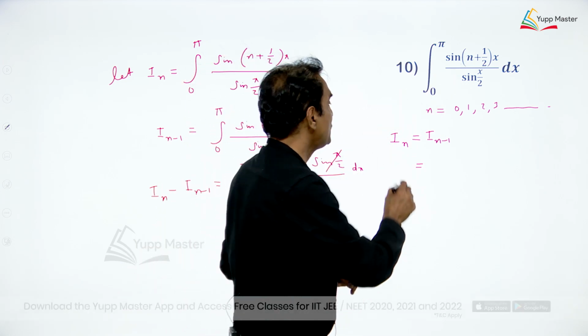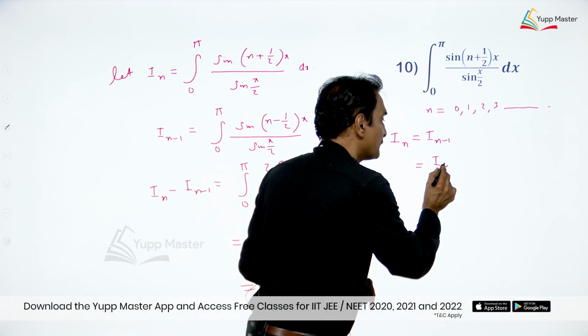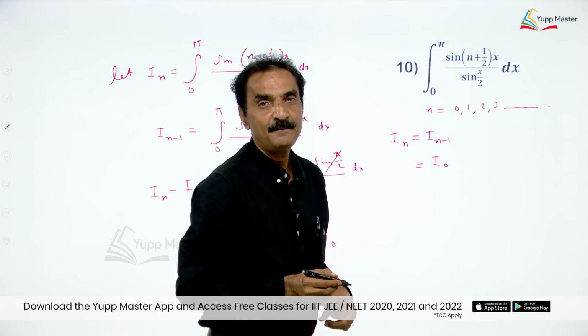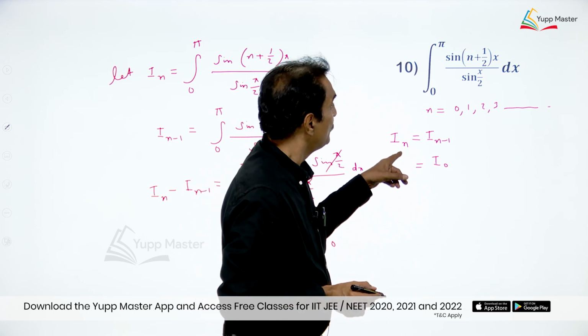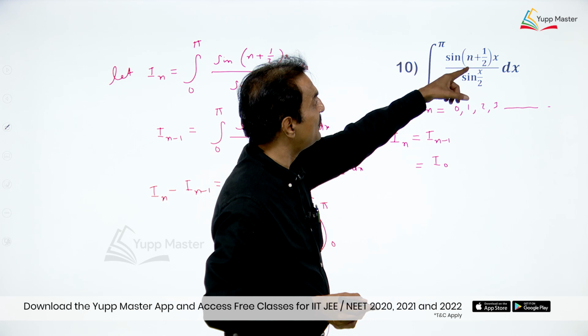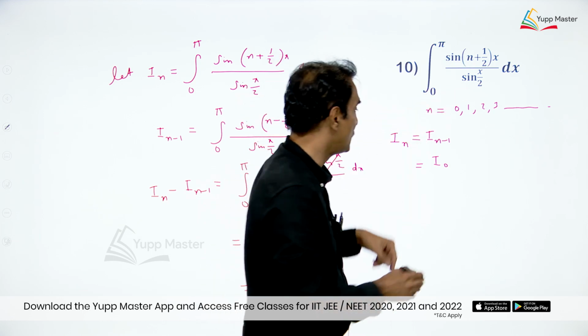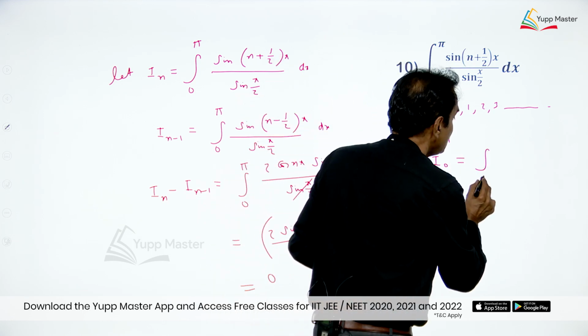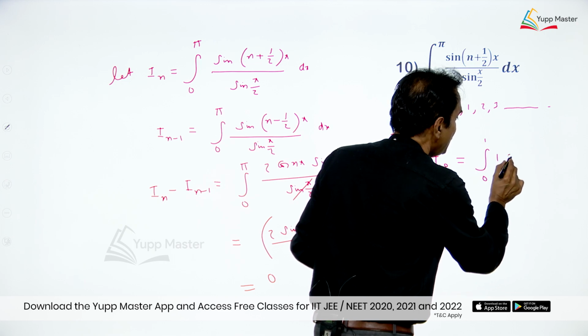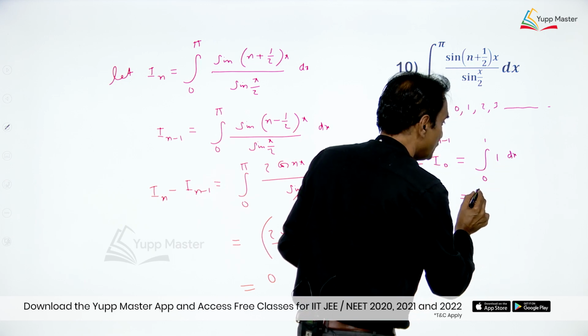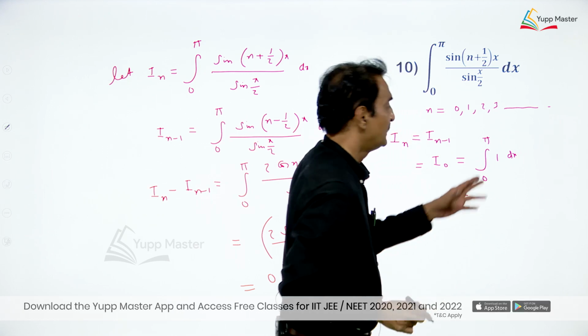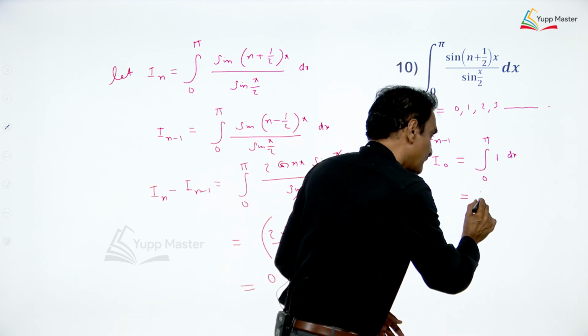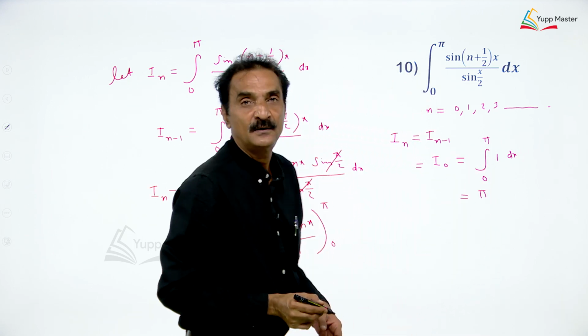So, In can be equal to I naught. Okay? So, what is I naught? Putting n is equal to 0, it will be sin x by 2 by sin x by 2, 1. So, integral 0 to pi 1 dx, 0 to pi. What is the answer? Pi. Okay?